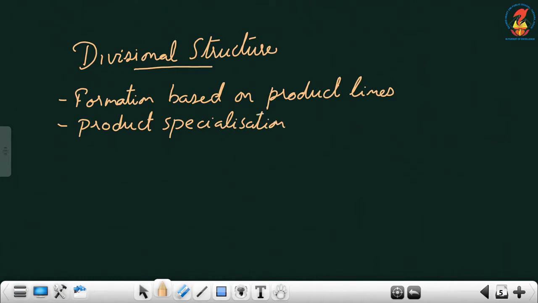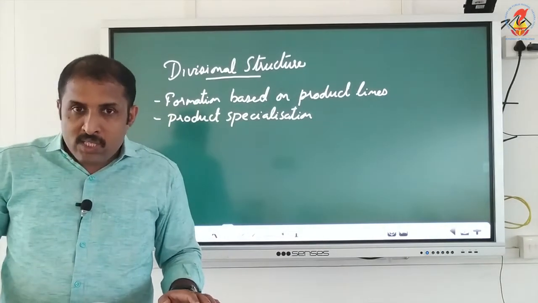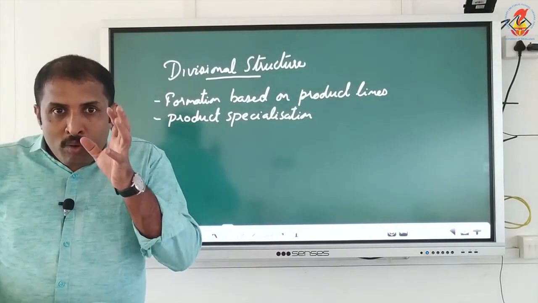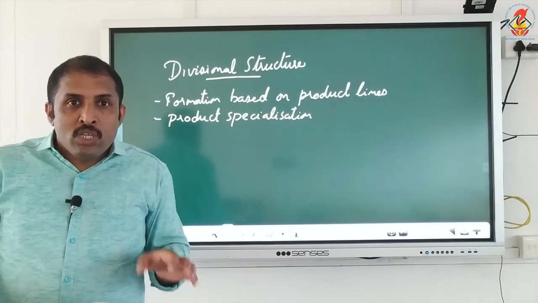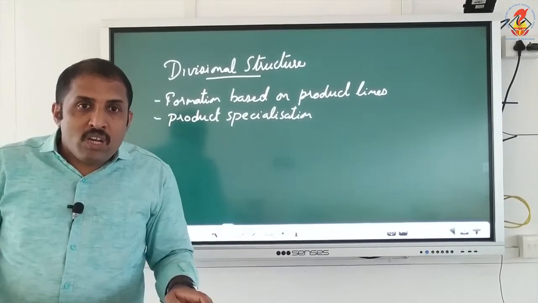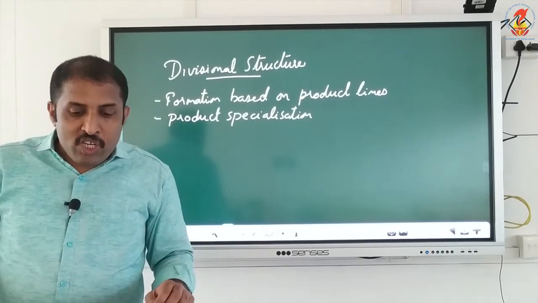So, when an organizational structure is formed on the basis of product lines, or when the major aspect in the organizational structure is product specialization, or departments are created on the basis of products, we call it by the name divisional structure.